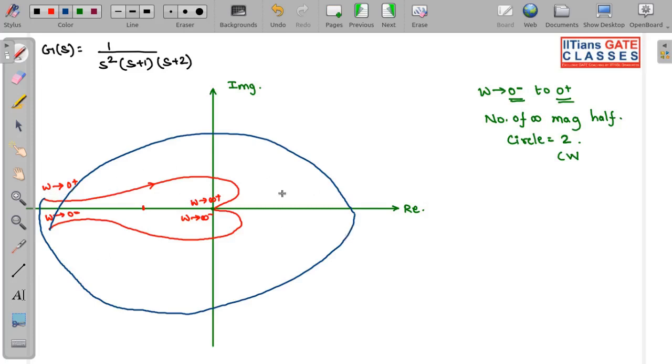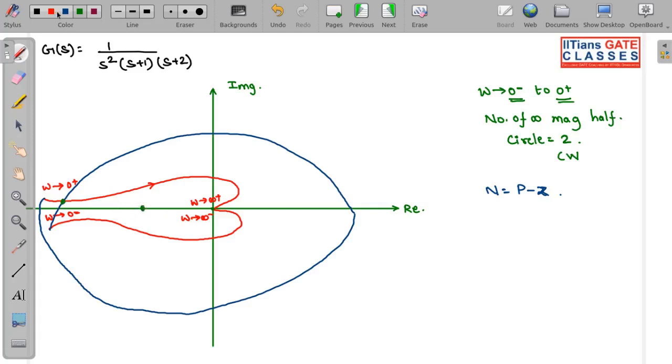Okay, fine. Now by looking at this diagram, what is the number of clockwise encirclement? Or sorry, this is basically anti-clockwise. So the number of anti-clockwise encirclements: if your answer is 2, then very good, you have taken the right choice. You can see one of the circles is actually encircling the critical point.